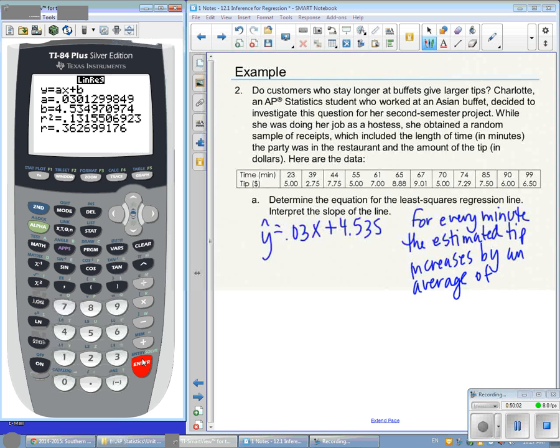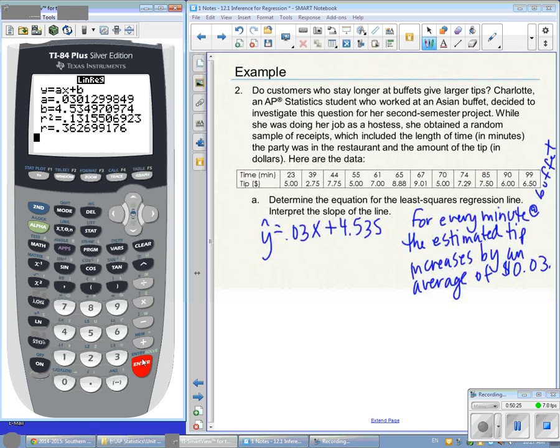Oh, yes, 3 cents. Okay, so for every minute, we should probably say at the buffet, because that's not necessarily going to be true at every restaurant. The estimated tip is going to increase by an average of 3 cents. Okay?